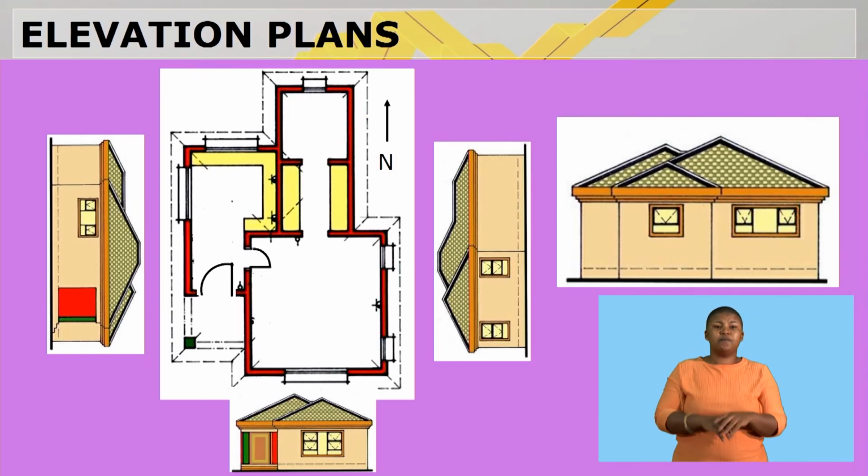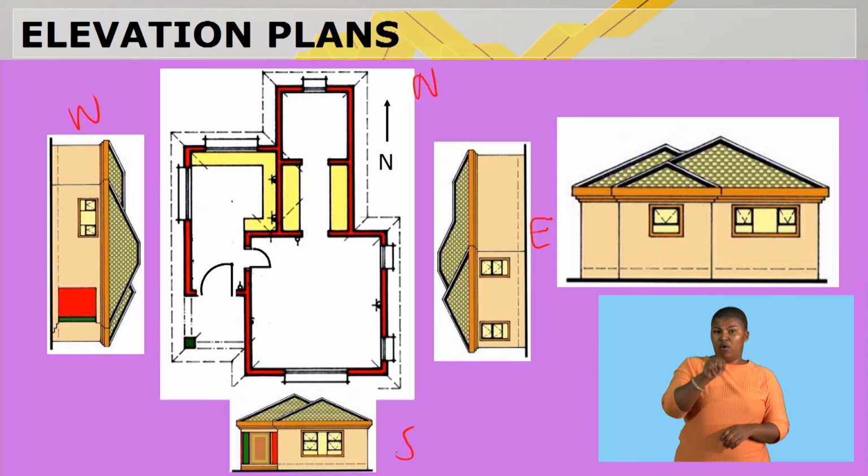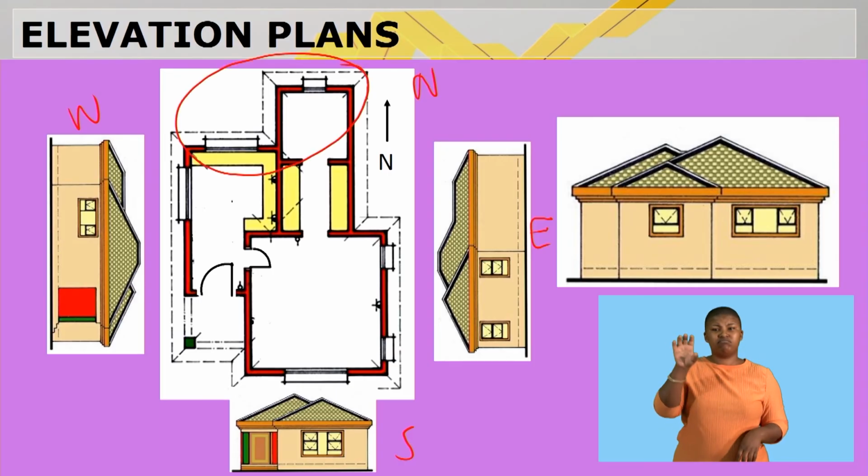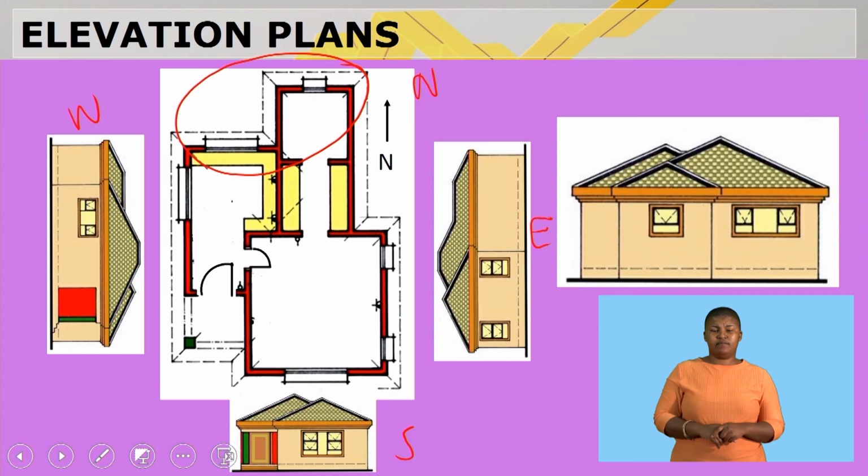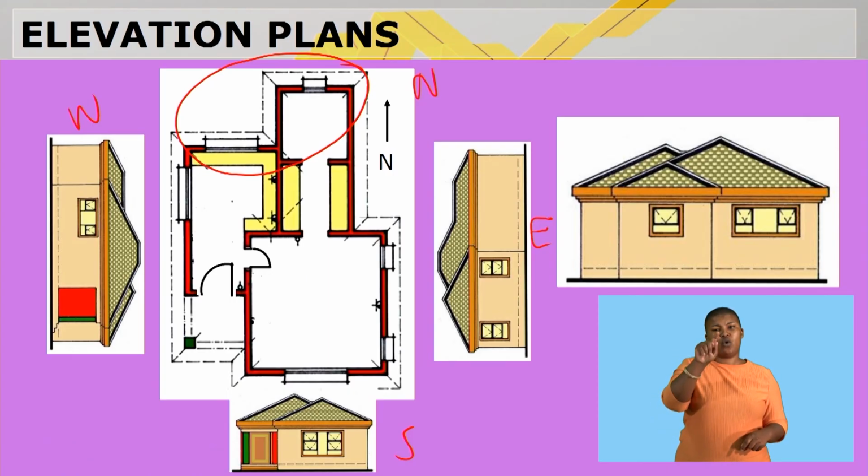Now, if we know that this is west, this is east, and then that is north, this is south, and then the only one we need is over there. So that is then going to be the northern elevation.